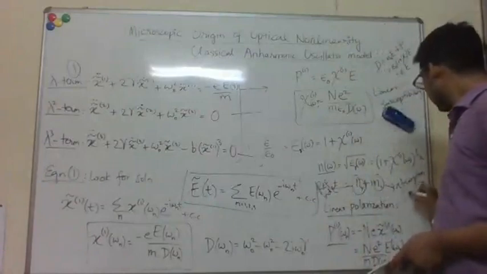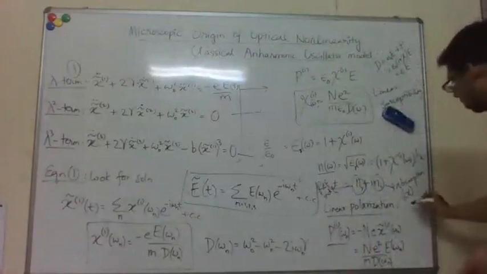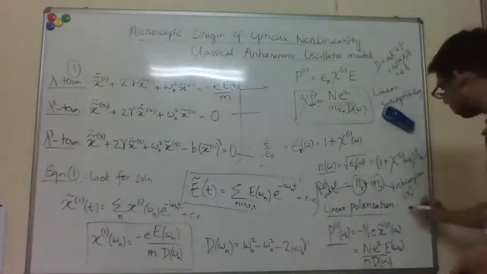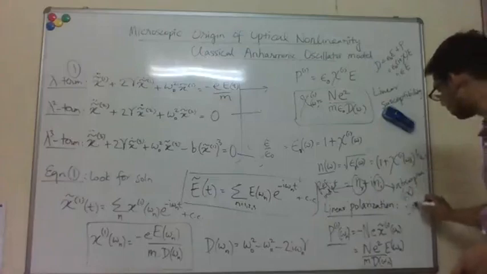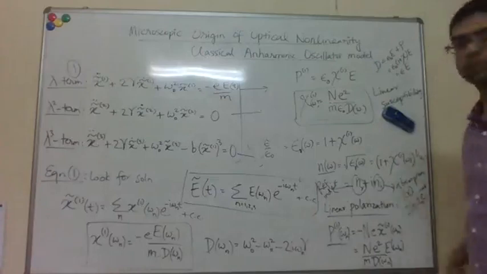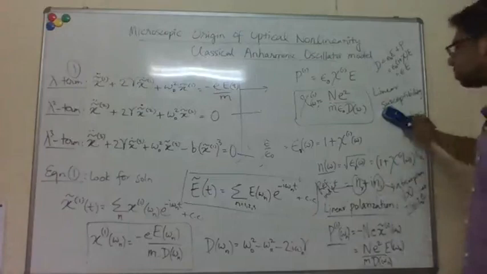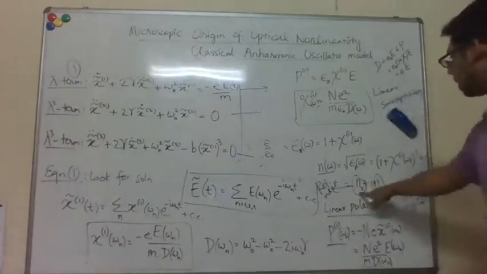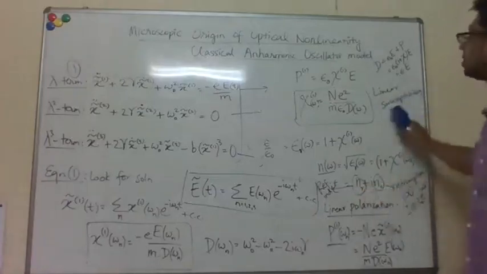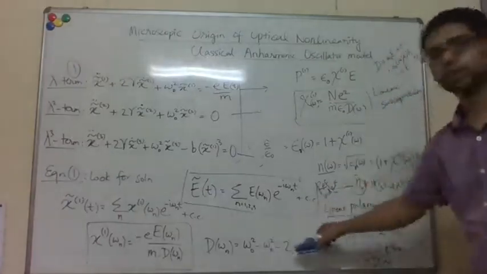So if you recall your Beer-Lambert law of absorption, the intensity in a medium goes down exponentially with this coefficient alpha. That alpha is proportional to this imaginary part, right? So we can see how the real and the imaginary part look, because we know the functional form of this.